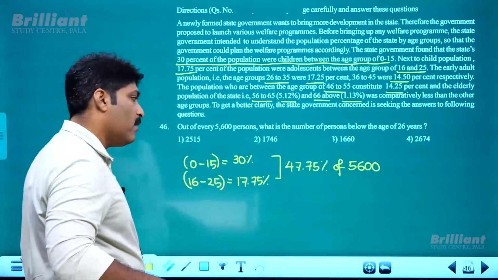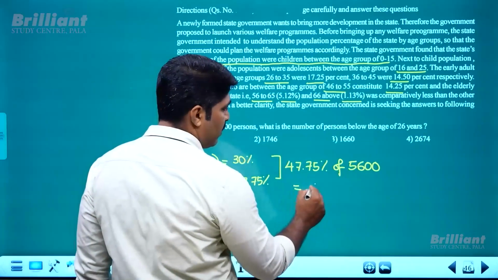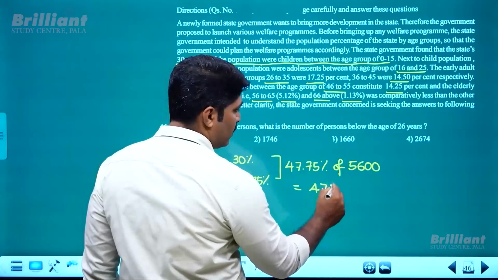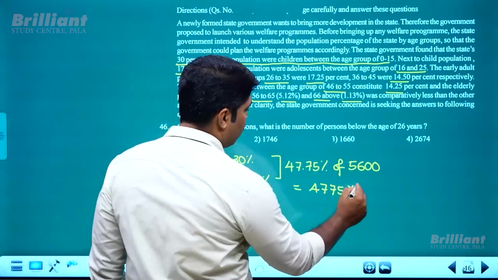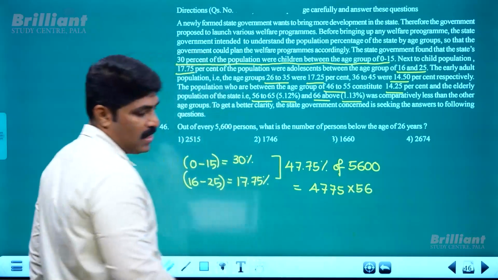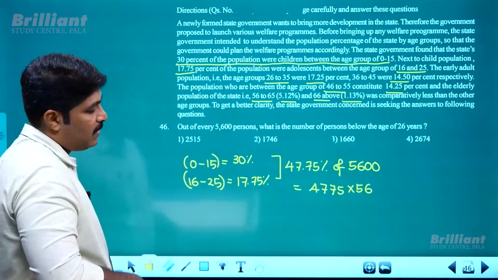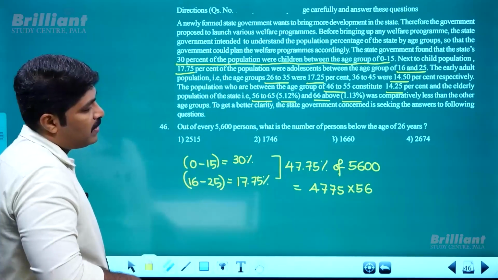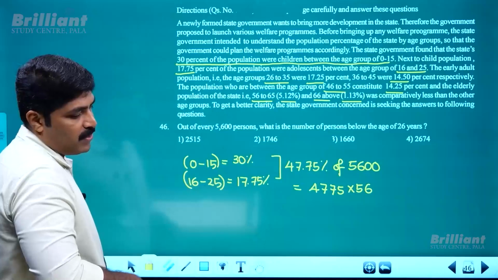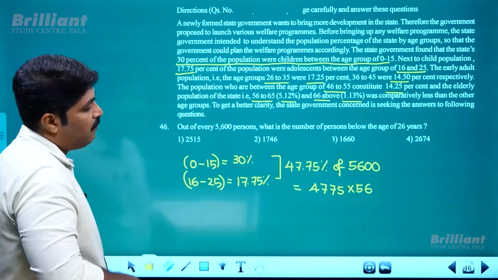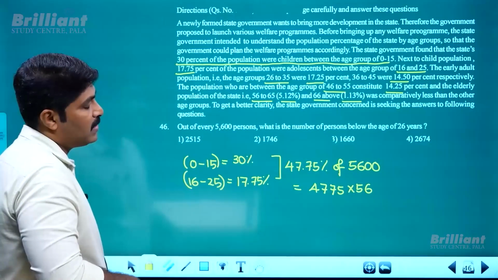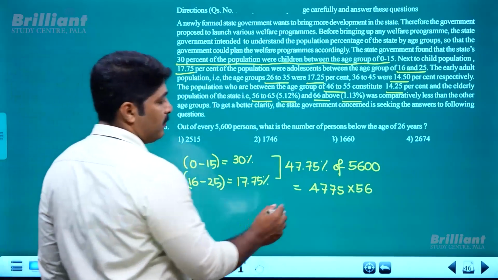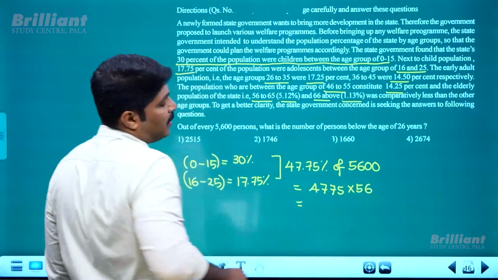That's why this step of operation is nothing but 4775 into 56. Like this way we can find the answer. We just multiply them together. This 47.75% of 5,600, what will it become? Just multiply and add together.